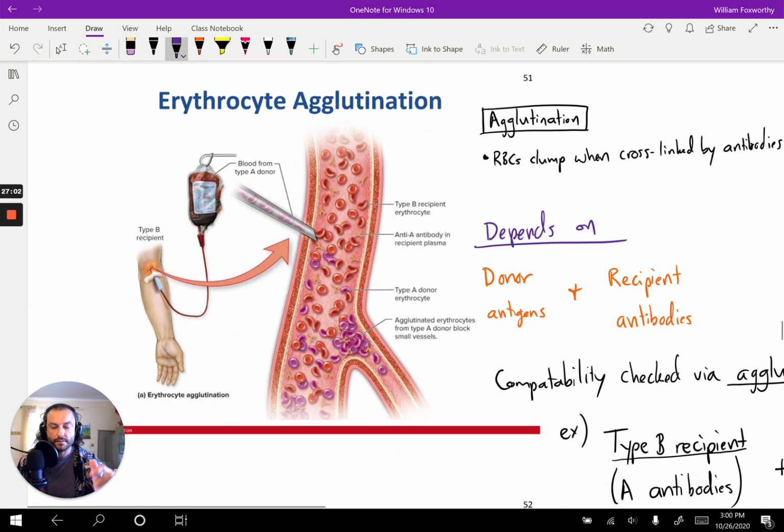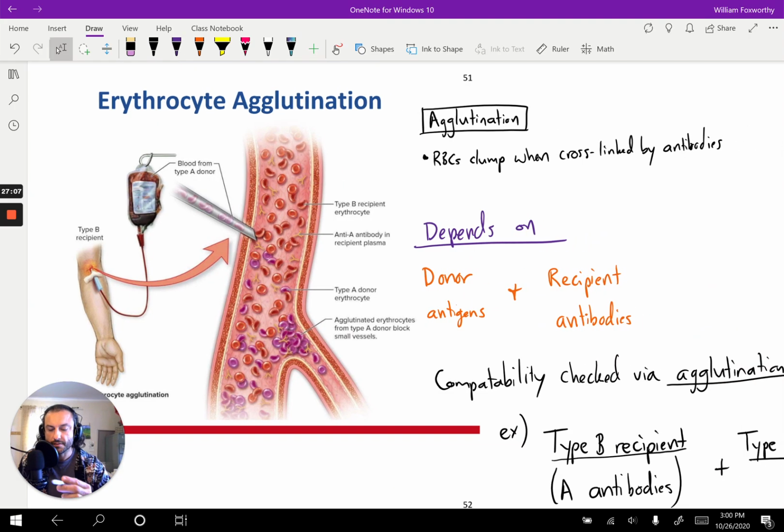And the way that you can test for blood type compatibility is through a simple test called red blood cell or erythrocyte agglutination. And what will happen is that red blood cells make clumps when they are cross-linked by antibodies.